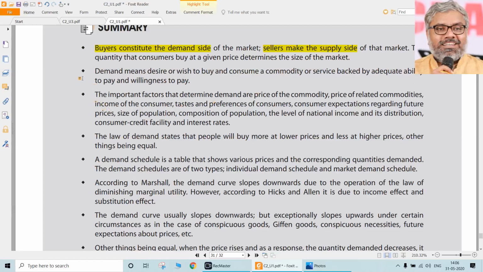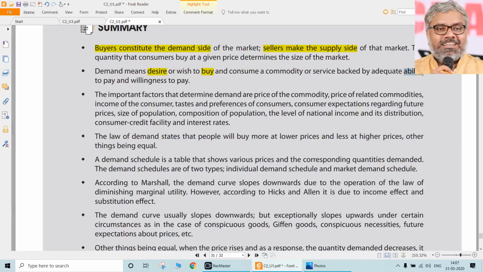Then the second point says, what is demand? Demand is nothing but the desire or wish to buy and consume a commodity or service. Of course, just a desire does not constitute demand. That should be backed by adequate ability to pay.